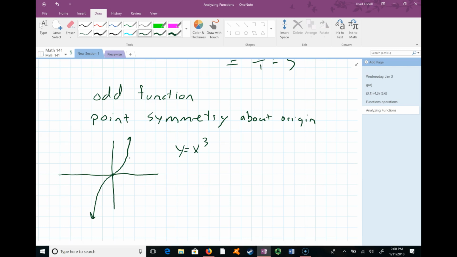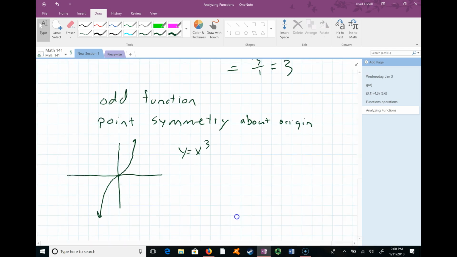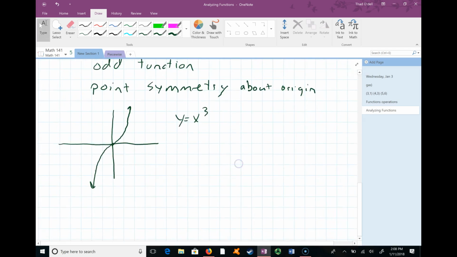So that is what is called an odd function. Another way to think about it is in odd functions, f of negative x is equal to negative f of x. That's always true in odd functions.